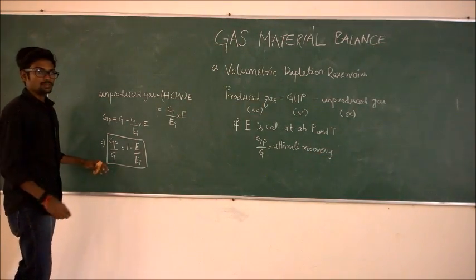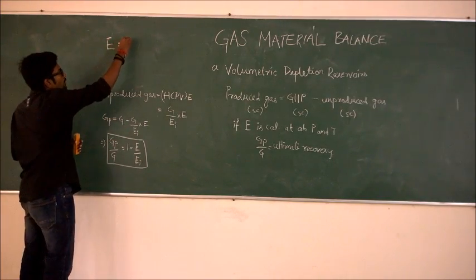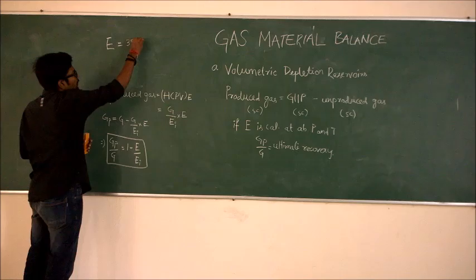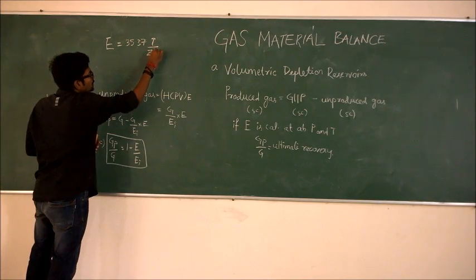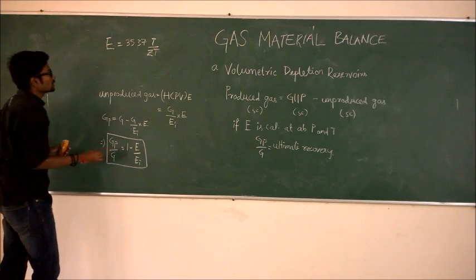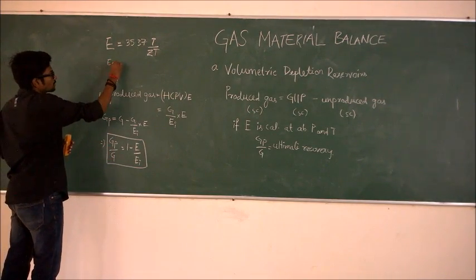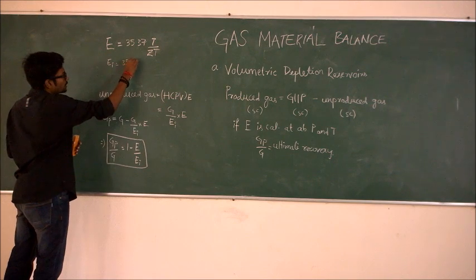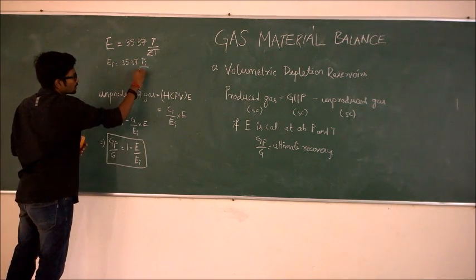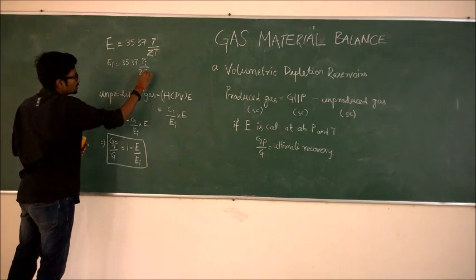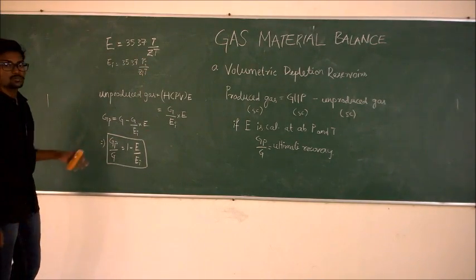Now E can be mathematically given as E is equal to 35.37 P by ZT. So EI is 35.37 Pi by Zi T, and since the depletion is isothermal, the temperature won't change.